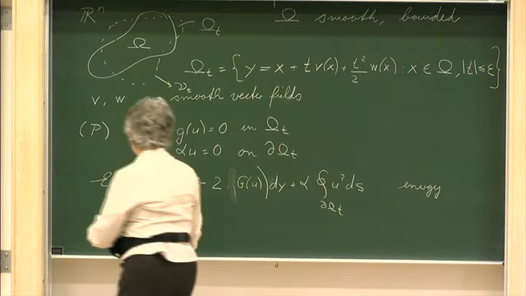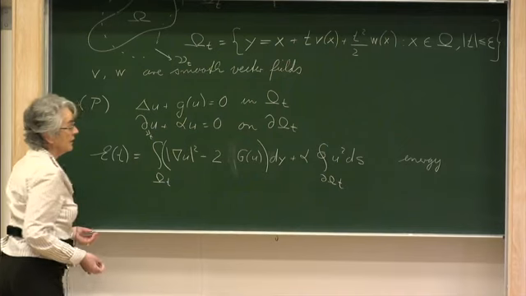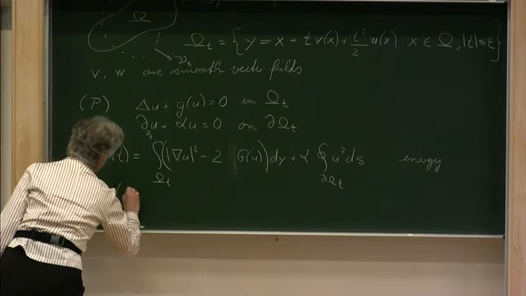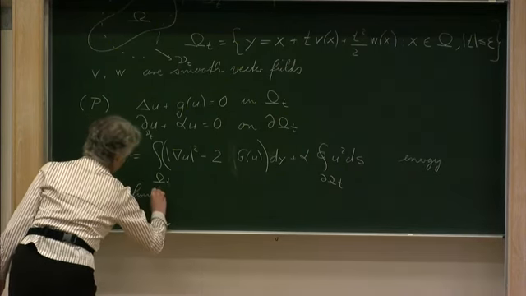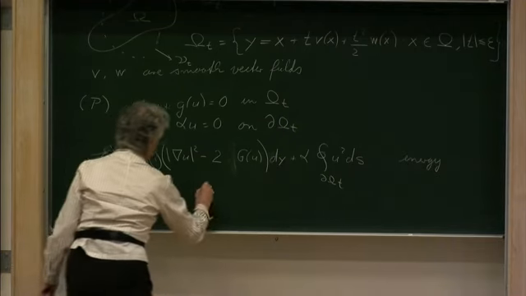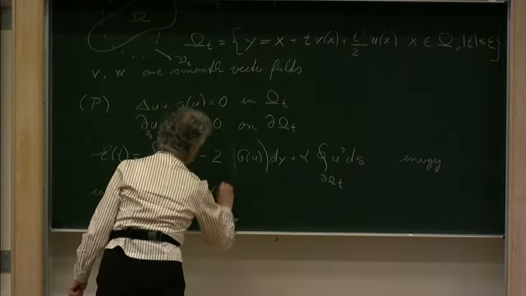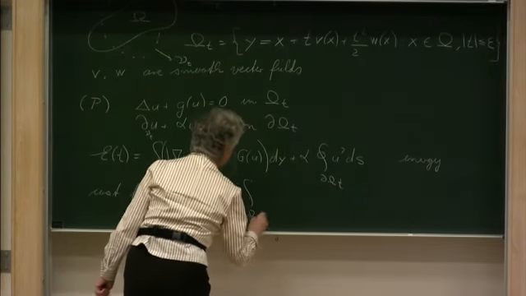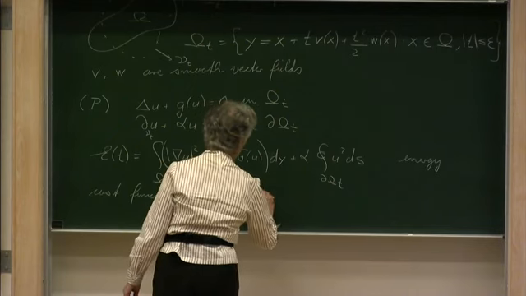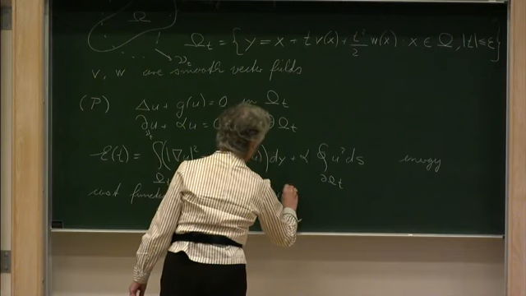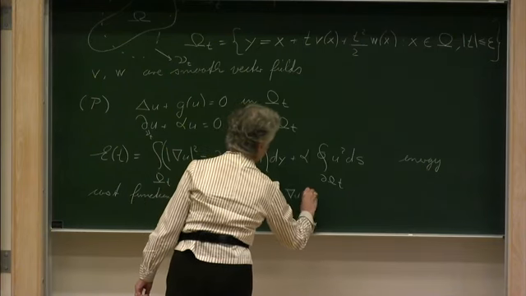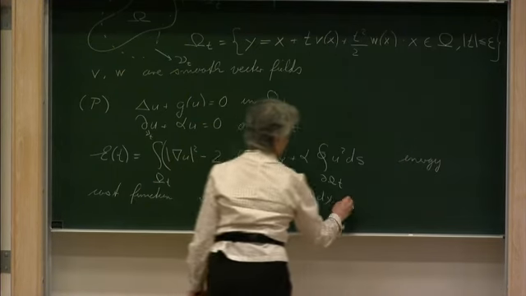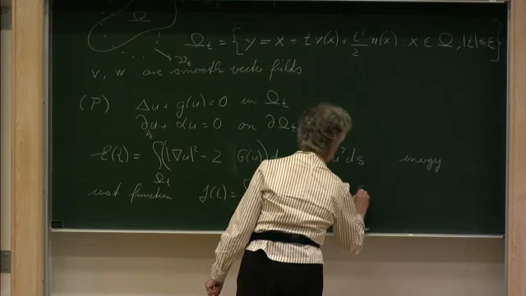We can also look at integral cost functionals, which should be something like this: J of t is an integral over omega t of some function j of u, gradient u, x, dy, plus some boundary integral.